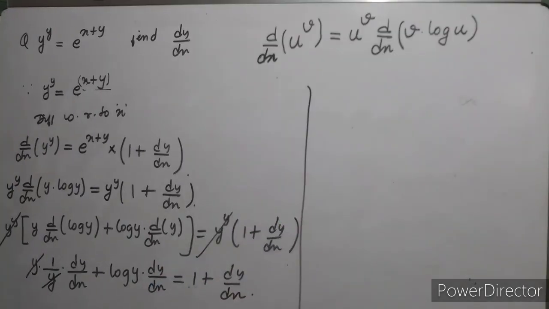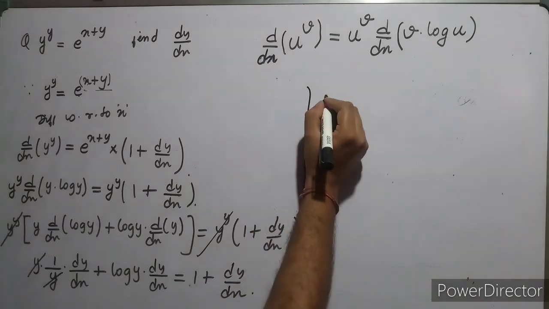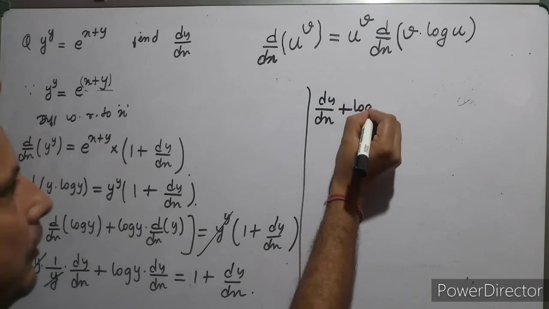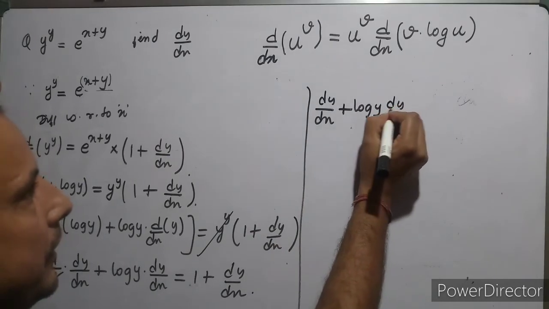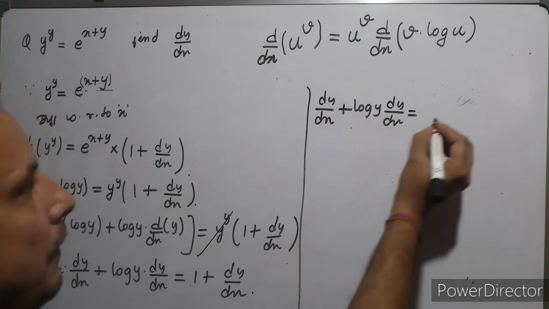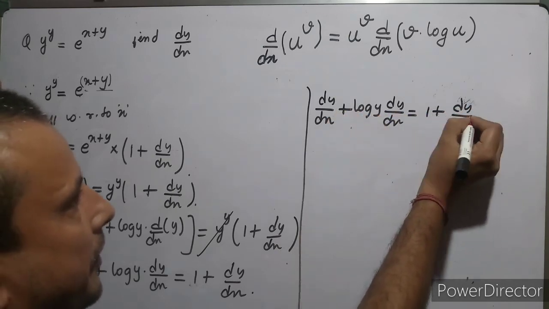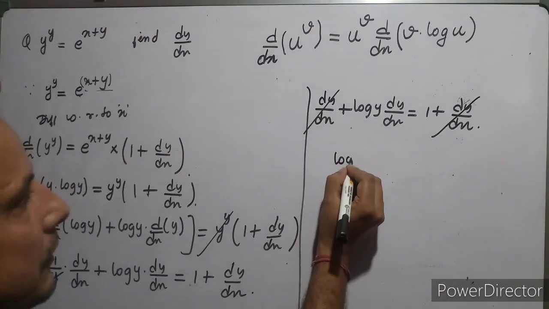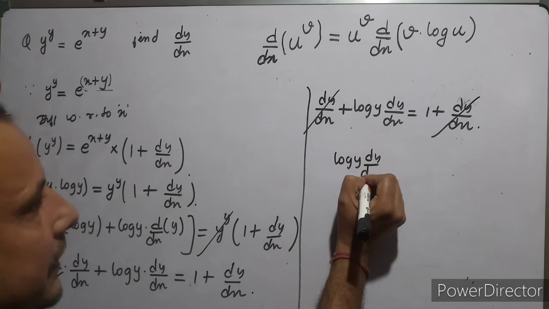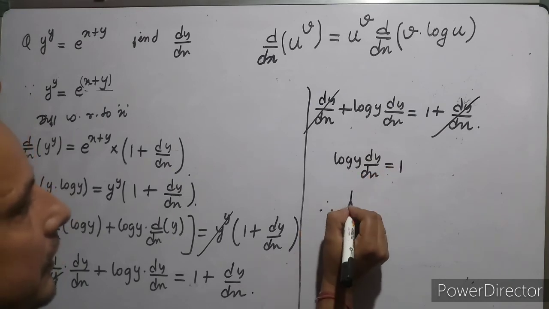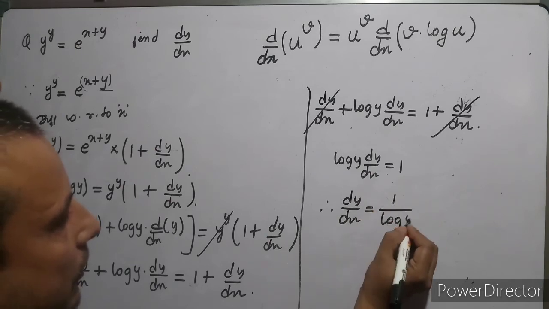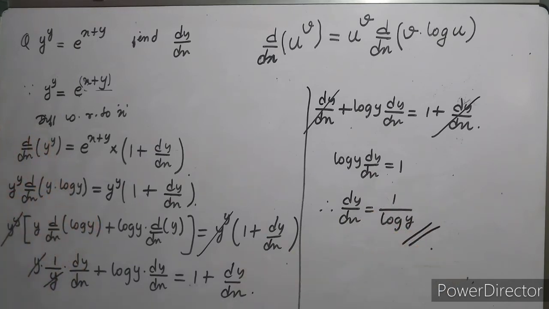Now after simplification, we have dy over dx plus log y dy upon dx equals to 1 plus dy over dx. These two quantities also get cancelled. Now it is log y dy upon dx equals to 1. Therefore dy by dx is equal to 1 over log y. That's the required answer.